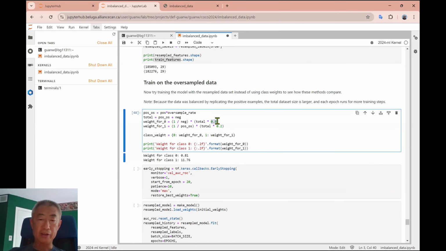You can either use 0.5, 0.5, which means they equalize their contribution. You can also play with different numbers. So here I put more emphasis on the negative samples, less on the positive samples, but it's just a balance. You can experiment with different numbers.